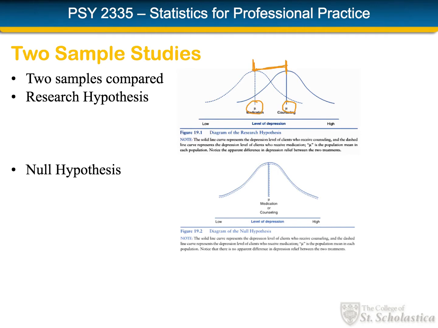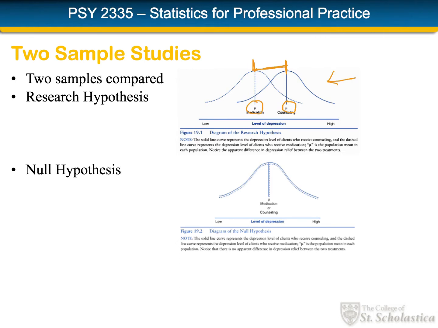It's looking at the larger of the two means, usually, minus the smaller of the two means. So our research hypothesis is saying that the population would have means that were different from each other, without a great deal of overlap of the two curves.